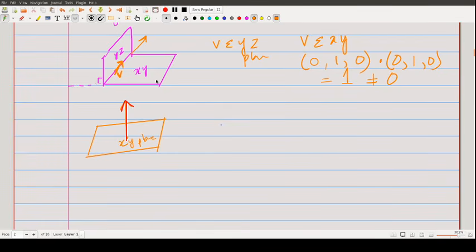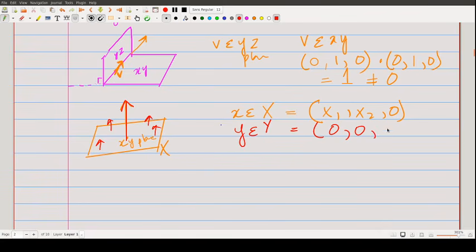Vectors in the orange space, let's call this x, have the form x1, x2, and 0. But if you take a vector in the red space, then they should only be in this direction, so they should be spanned by E3. That is, any vector in the red space looks like this: 0, 0, and the last component y3.